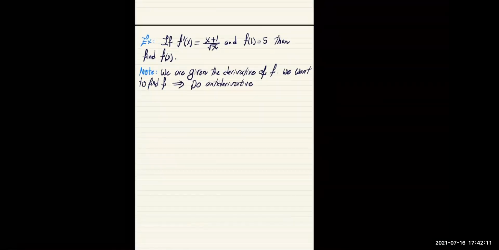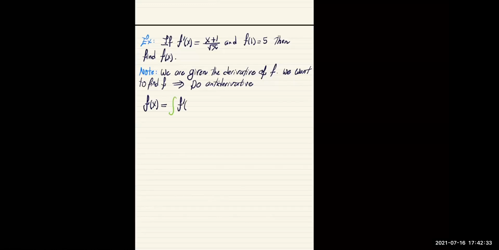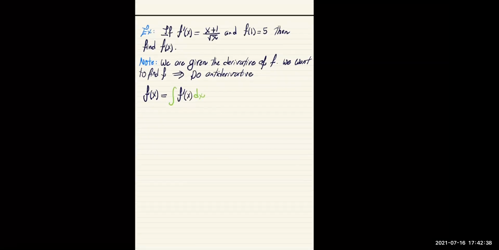Antiderivative of the derivative of a function, remember, it gives you the function back. Okay, so again, if I want to find f of x, I am going to do the opposite. That antiderivative is the opposite of the derivative function, and it's with respect to x. Okay, so you're given f prime. Here f prime is x plus 1 over root x. You're doing the antiderivative with respect to x.